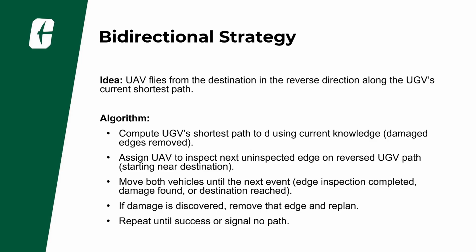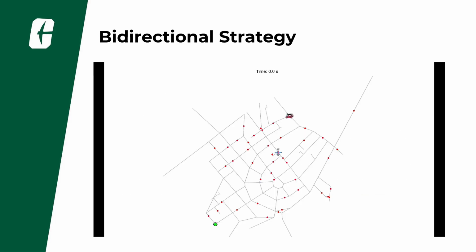The UGV moves forward from the start, while the UAV inspects backward from the destination. Both continue until the next event happens: an inspection is complete, damage is found, or the UGV reaches the destination. This strategy is simple, but effective because it validates the tail of the UGV route early.